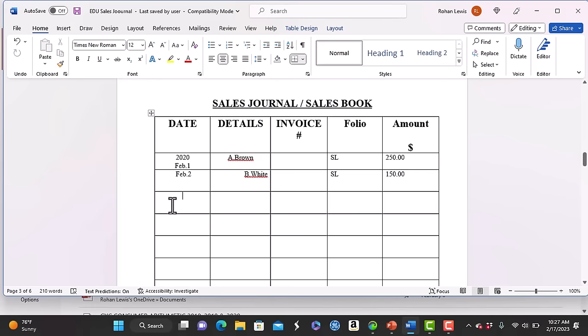Third transaction is on February 5. Name of the customer is C. Gray. Again, we skip invoice number and go to the folio, which is sales ledger, and the amount is $230.